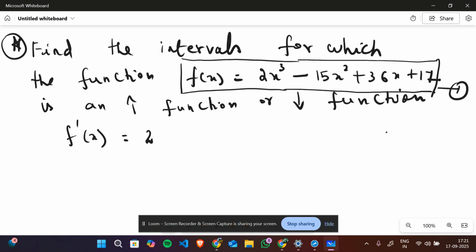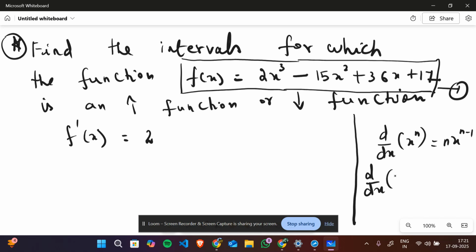So 2 into 3x square, minus 15 into d by dx of x square, again applying the same formula, you will get 2x, plus 36 into d by dx of x, which is 1. The derivative of a constant, you all know, is 0. So f dash of x is 6x square minus 30x plus 36.